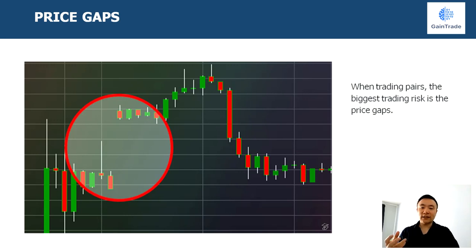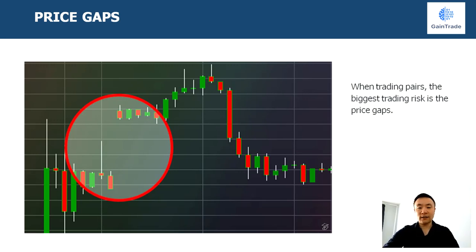Usually in these cases, prices can overshoot pre-planned levels and positions are closed at prices that are unfavorable for us. As well, price gaps can affect our trading strategies because the price spread of the pair changes and stationarity is violated.